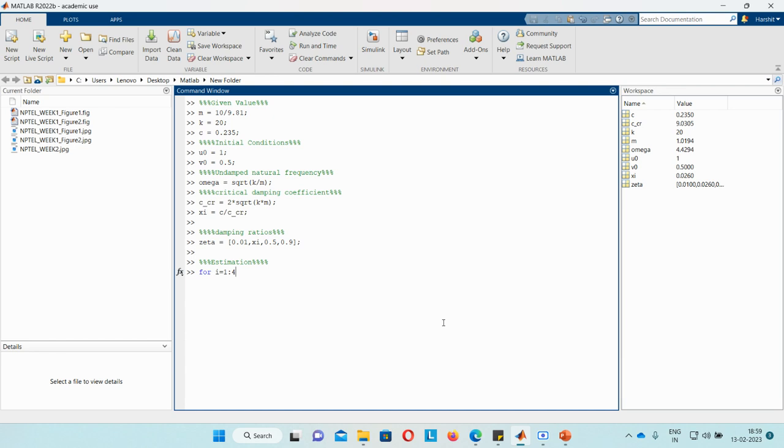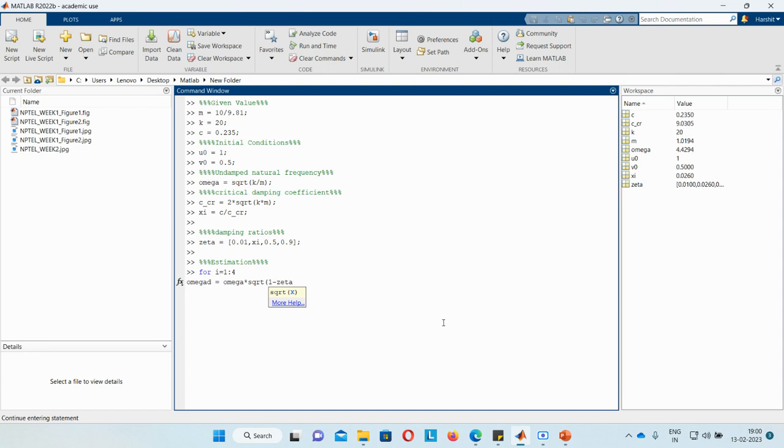For i equal to 1 to 4, first we will define the damped natural frequency omega d. Omega we know, and omega d will be equal to omega times the square root of 1 minus zeta squared. So sqrt times 1 minus, now I have four values of zeta.